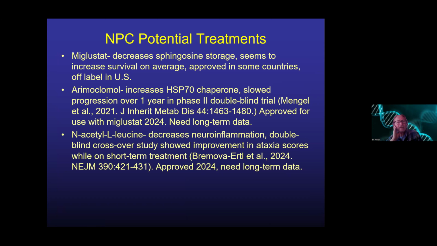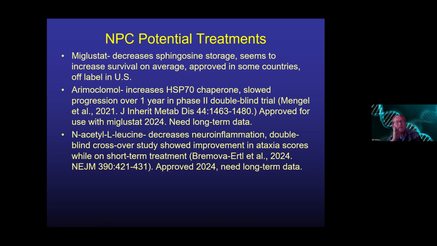There are now 2 treatments that have been approved recently. Arimoclomol is one that just got approved. It increases HSP70 chaperone and has some other intracellular effects, because it's not just chaperoning mutant NPC protein better.